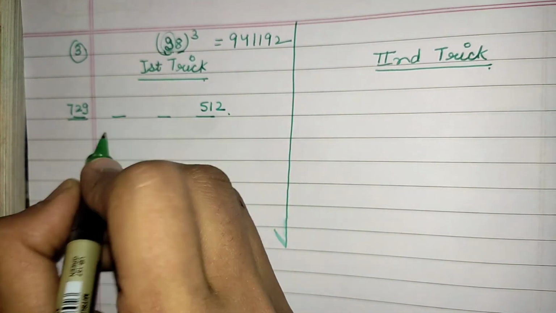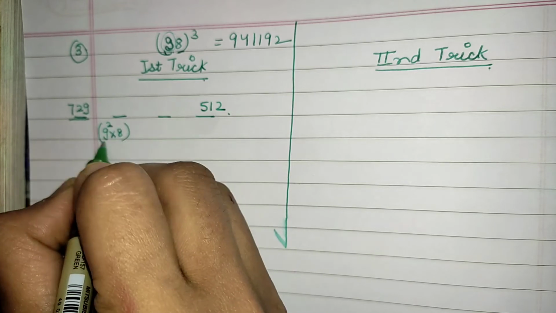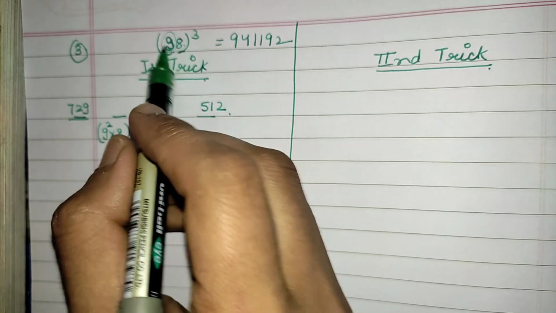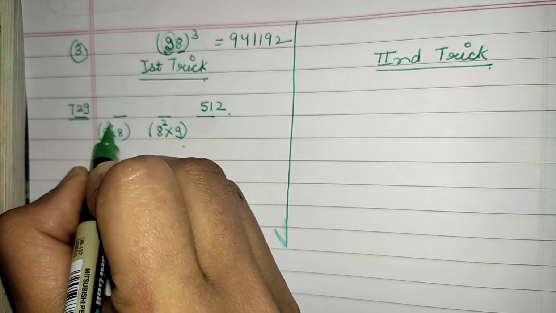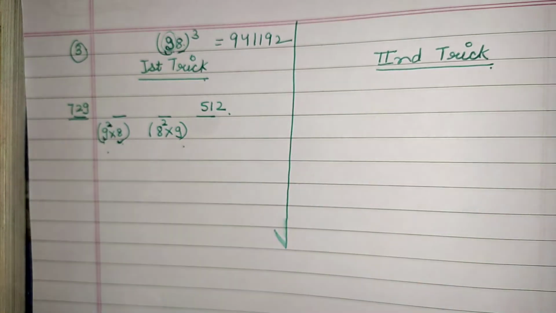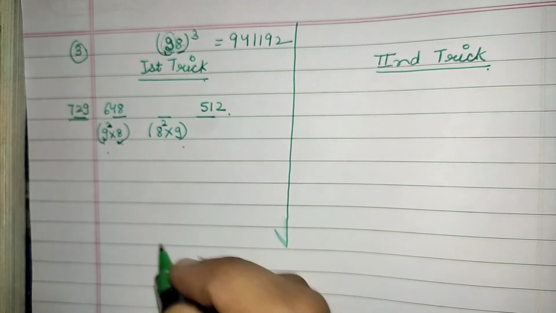Then for the second part, you will do the square of the first number and multiply it by 8, and the square of your second digit and multiply it by 9. 9 square is 81. 81 into 8 is 648.